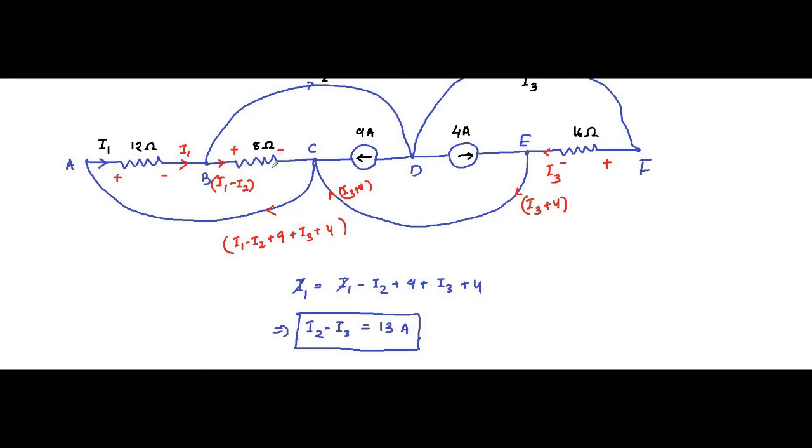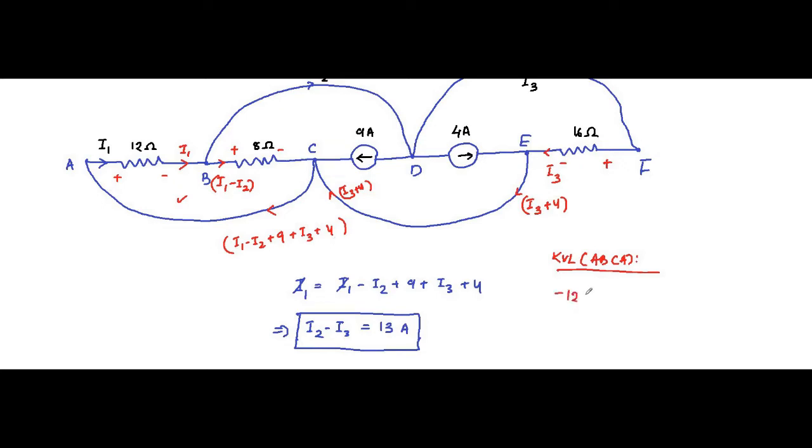In all the other cases it is left to right. So we are applying KVL in the loop A, B, C and then back to A.